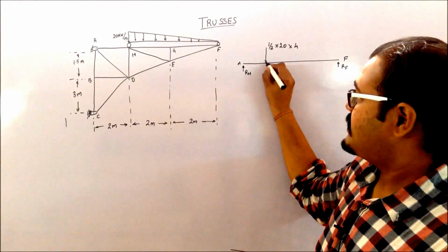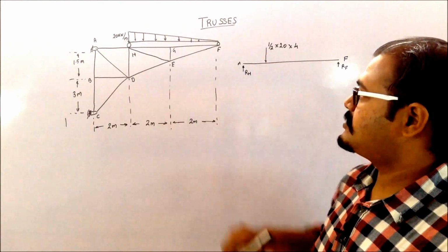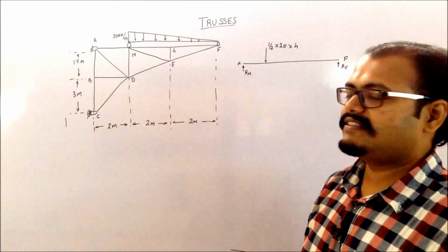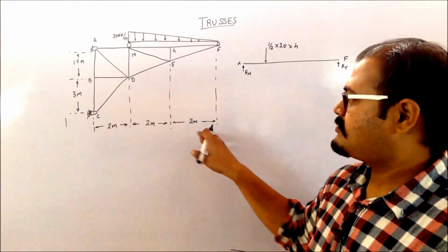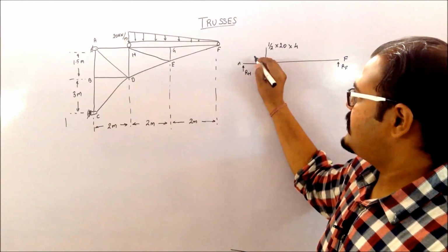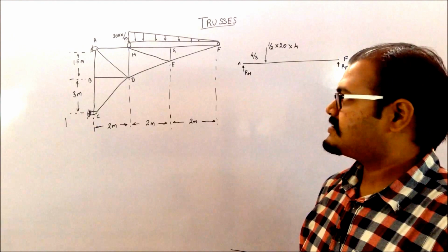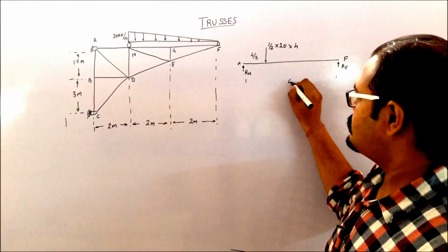The point of application of the UVL's force will be 1/3 of the total distance from the base. So this point, H point, is my base point, and from the base it will be 1/3 of 4. So it will be 4/3 distance from H, and my F is at the distance of 4.